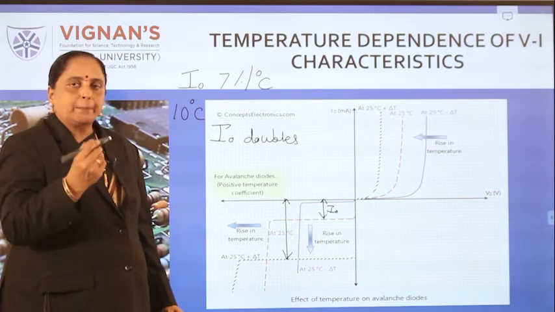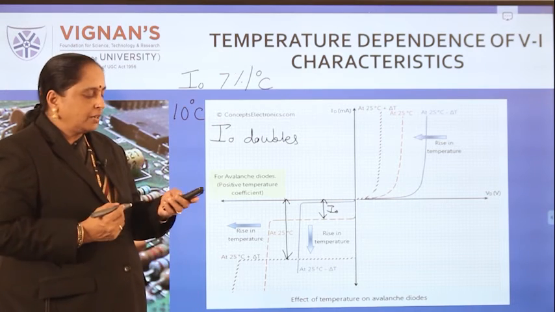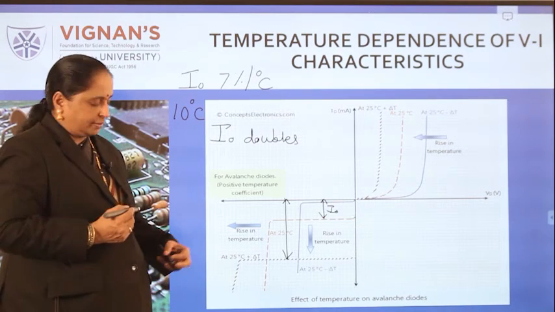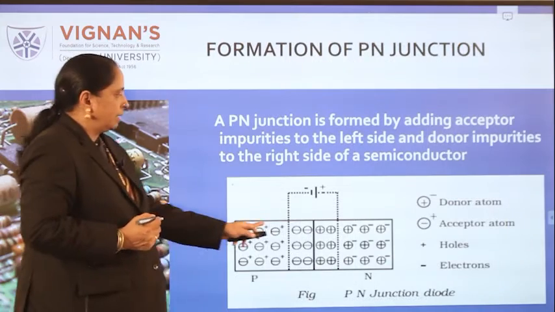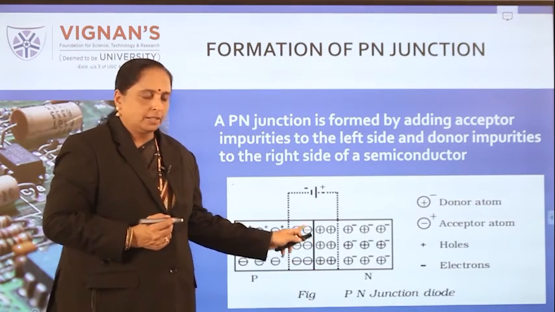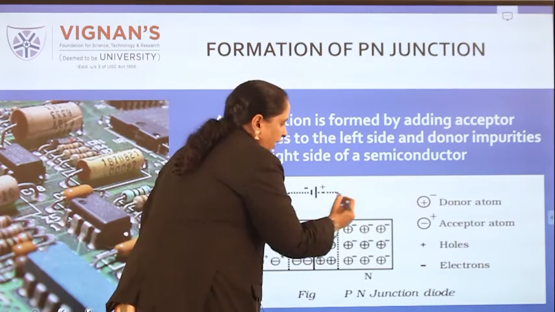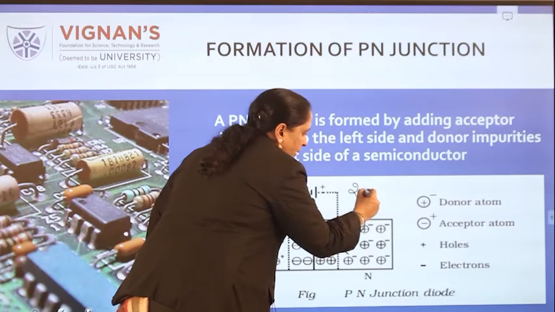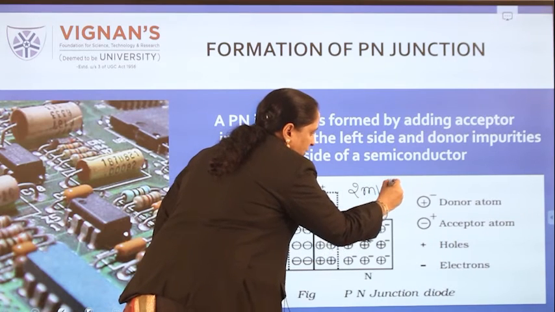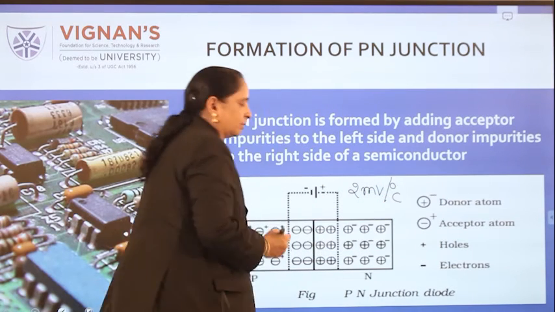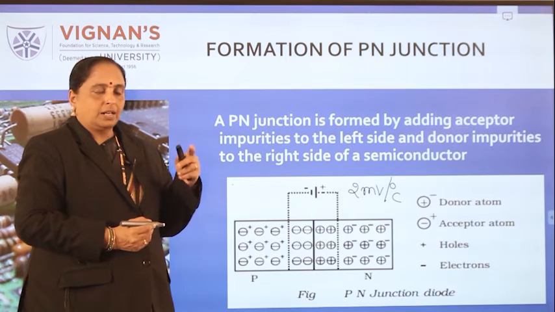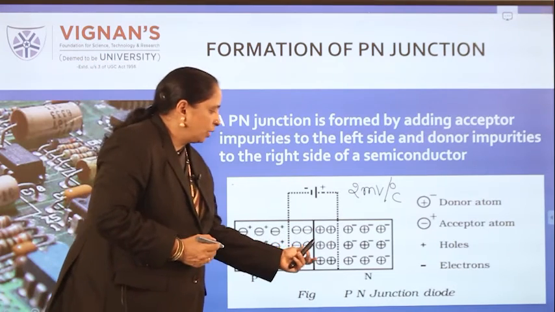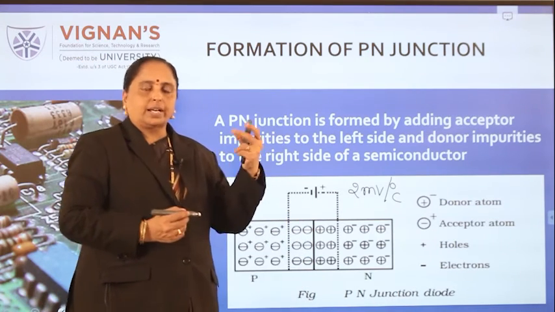As soon as the temperature increases, the barrier width also decreases. See here the barrier voltage V naught. For every 1 degree rise of temperature, the barrier voltage is reduced by 2 millivolts. So when the barrier voltage decreases, the diode current increases.